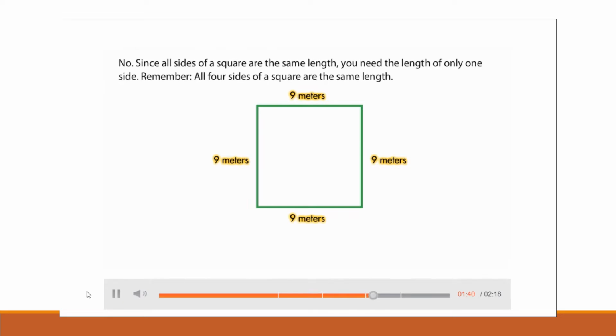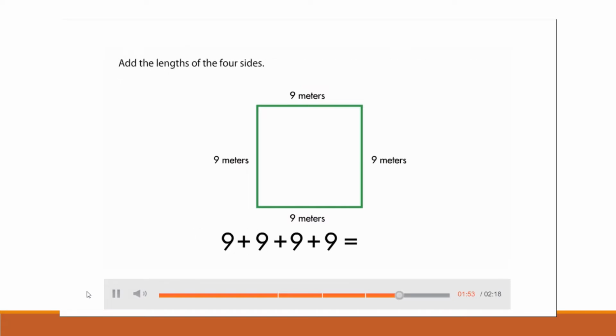No. Since all sides of a square are the same length, you need the length of only one side. Remember, all four sides of a square are the same length. Add the lengths of the four sides. So you could certainly add them. 9 plus 9 equals 18.